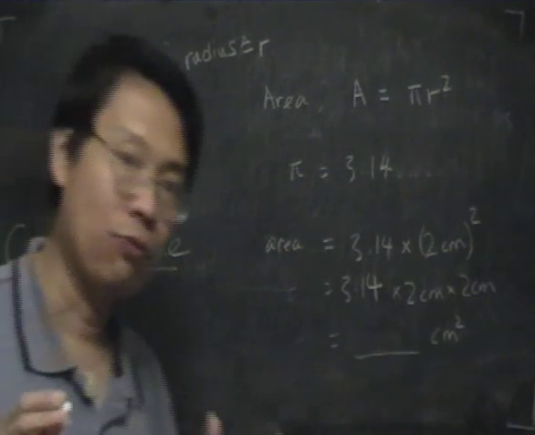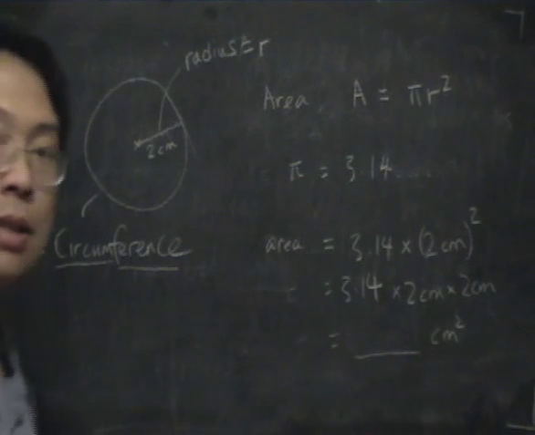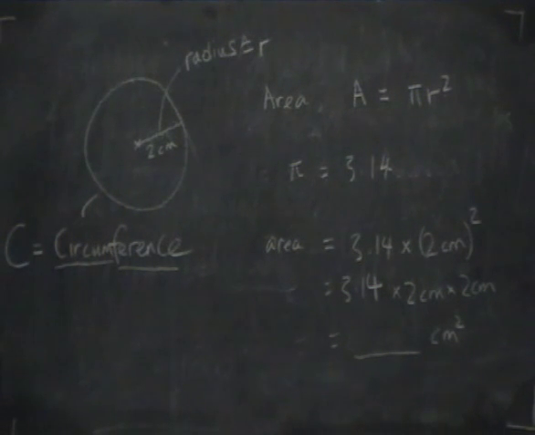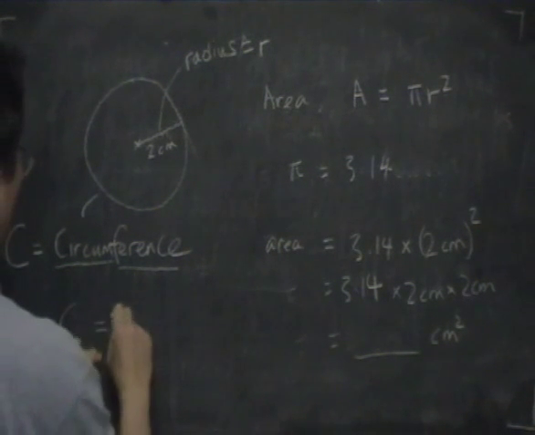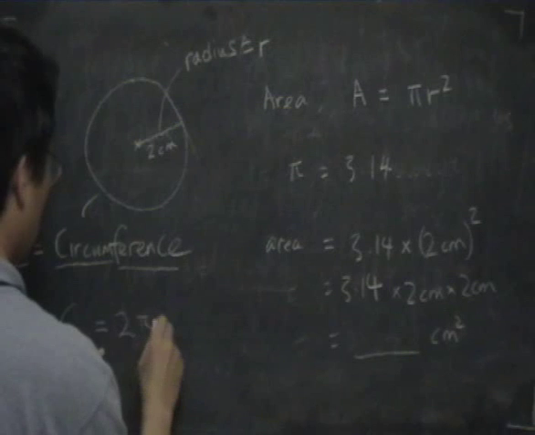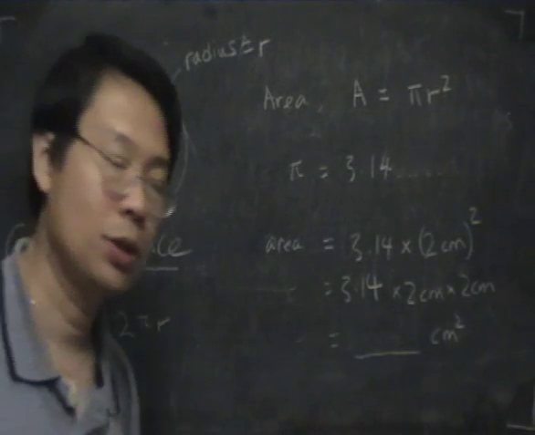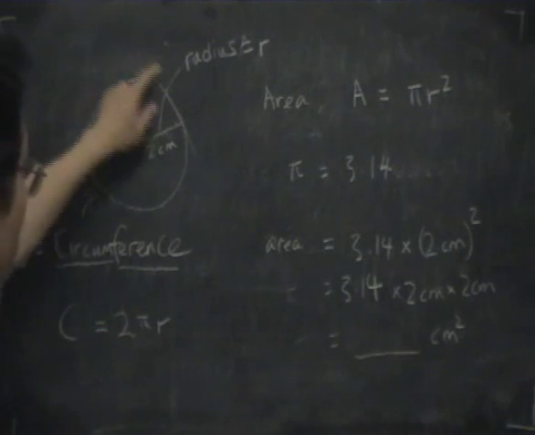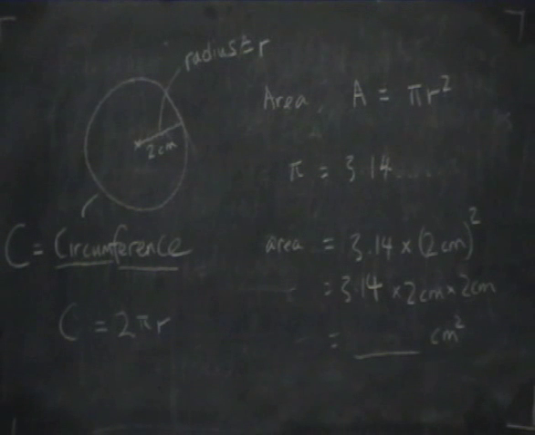Now there is a formula as well for finding the circumference, and that formula is c equals 2 pi times r. And using this formula, we can find the length of the side of the circle. So let me write this down.